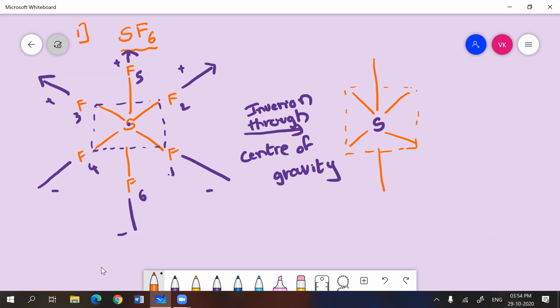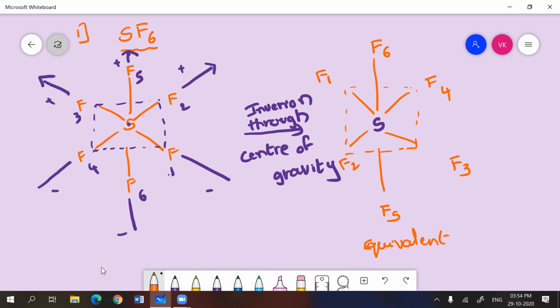Now we can see here it will come F6 and this is F5. And on this axis this becomes F4 and this becomes F2. On this axis it becomes F1 and this becomes F3. Now if you see, the structure is octahedral, there is no change in the structure, and the atoms are also occupying the same positions for equatorial and axial. So it is almost looking the same, but it is not identical. So it is an equivalent structure.